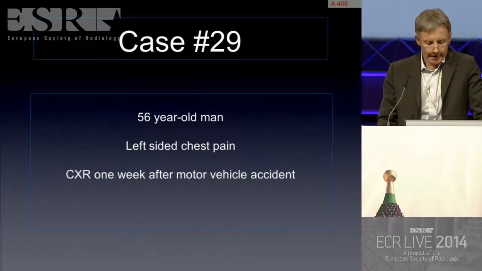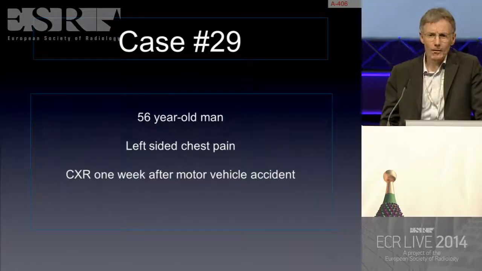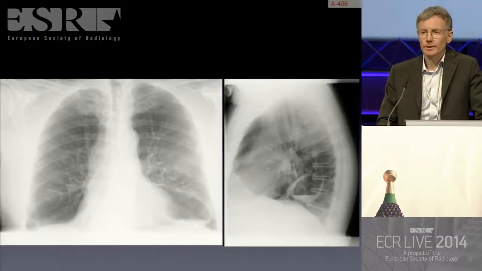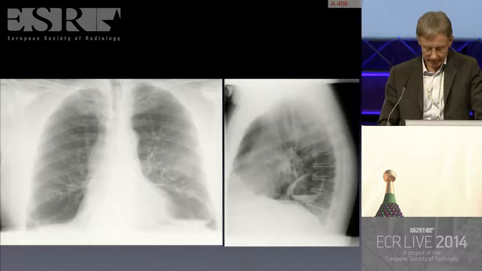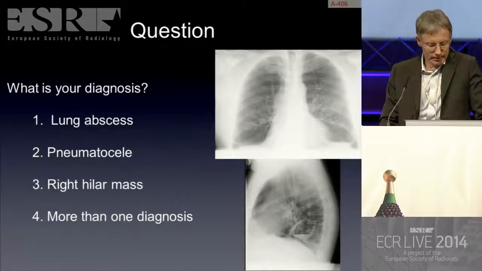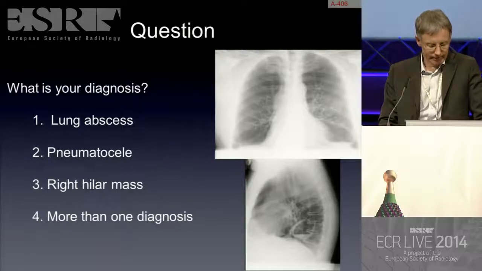Now we have a 56-year-old man with left-sided chest pain, and this is his chest X-ray 1 week after a motor vehicle accident. There is an abnormality which is obvious on the chest X-ray. But what is your diagnosis? Lung abscess, pneumatocele, right hilar mass, or more than one diagnosis.